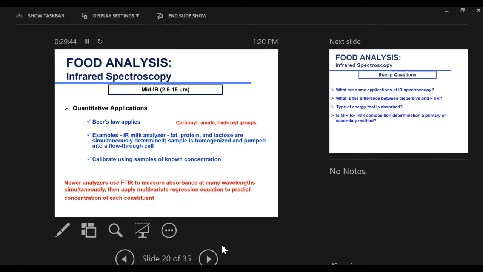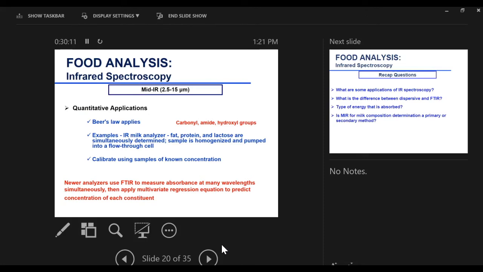So the newer mid-IR milk analyzers have FTIR as their actual instrument. They use the Fourier Transform calculation to get you more accurate and faster results. The way they do that, they take absorption at multiple wavelengths and apply multivariate regression to get you the concentration.